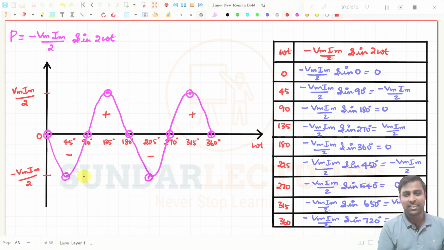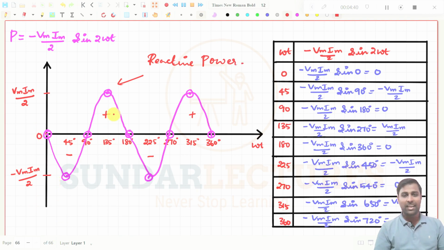See, this is nothing but reactive power, right? There is no power which comes across only in the positive region. All the powers become positive and negative, positive, negative. It is going throughout. So these are all called the reactive powers.